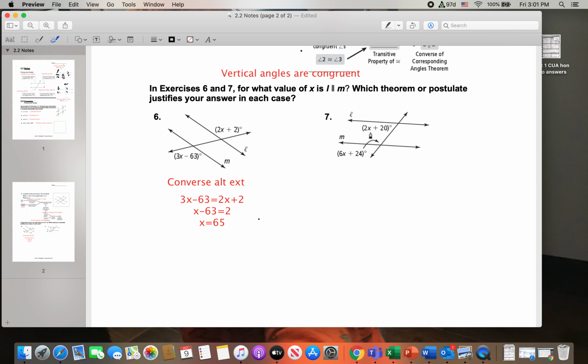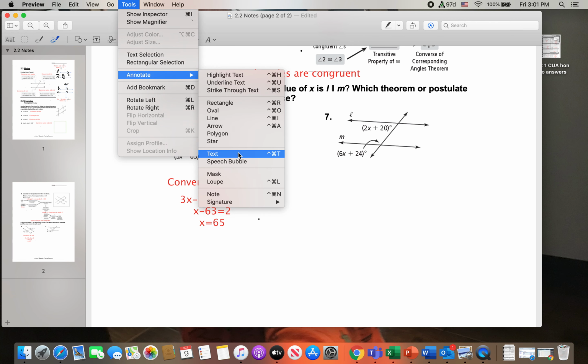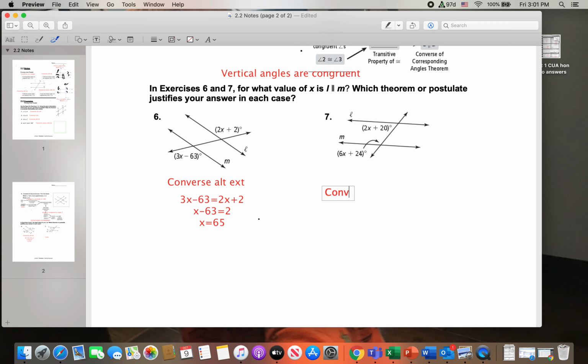Similar type of thing. Two angles, this angle and this angle. They're both on the left of that transversal, same side. So it's either same side or corresponding. They are both inside the lines. That's same side interior. So converse, same side interior.